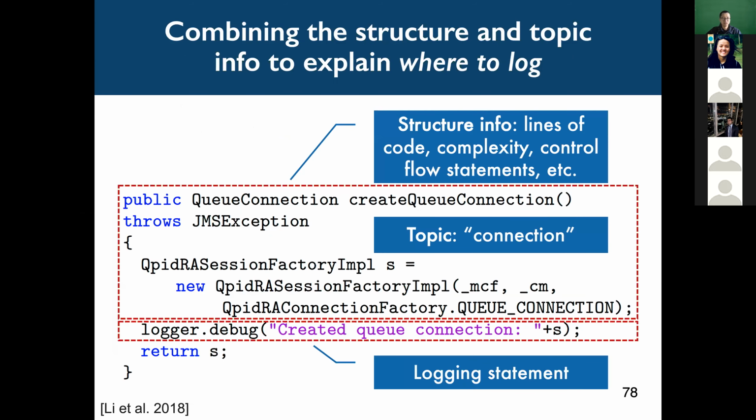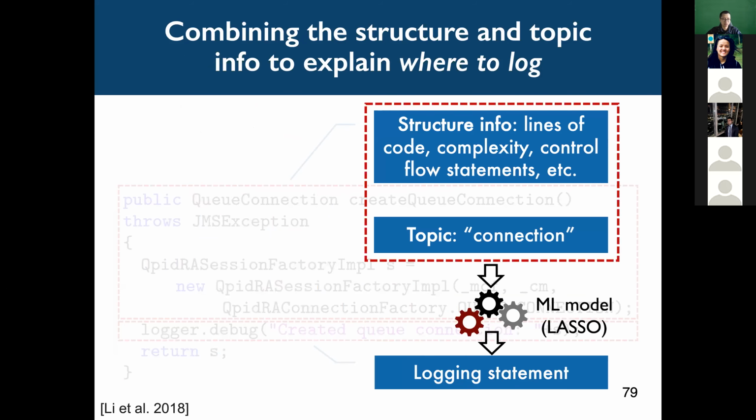Then we combine the structure information and topic information into a feature set, and we use these features to explain where to log, which code snippet would need a logging statement. To do this, we build a machine learning model. Here we use a lasso model. Lasso, you can consider as an enhanced version of logistic regression.